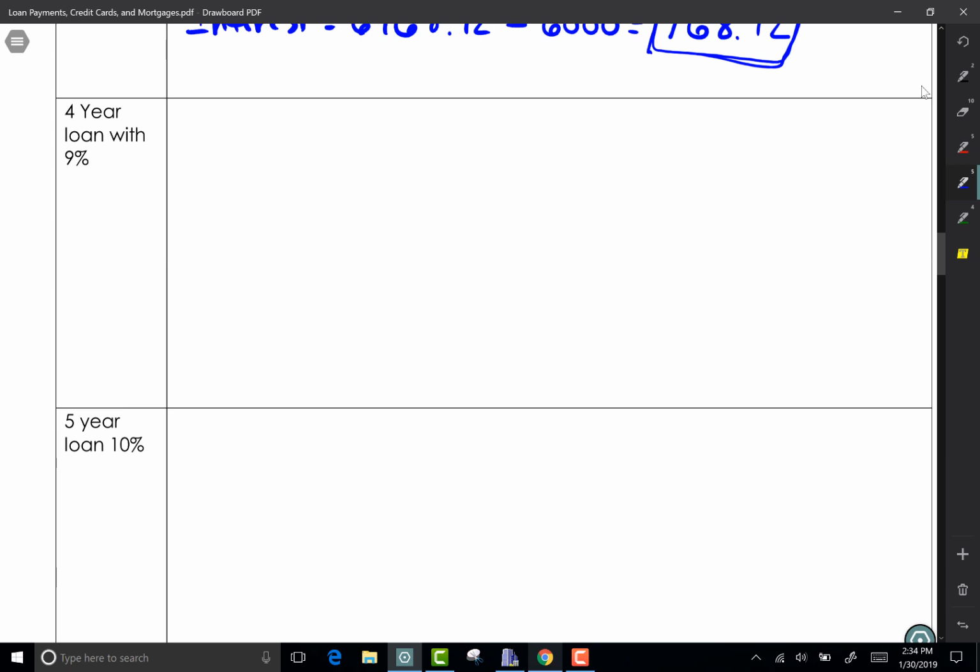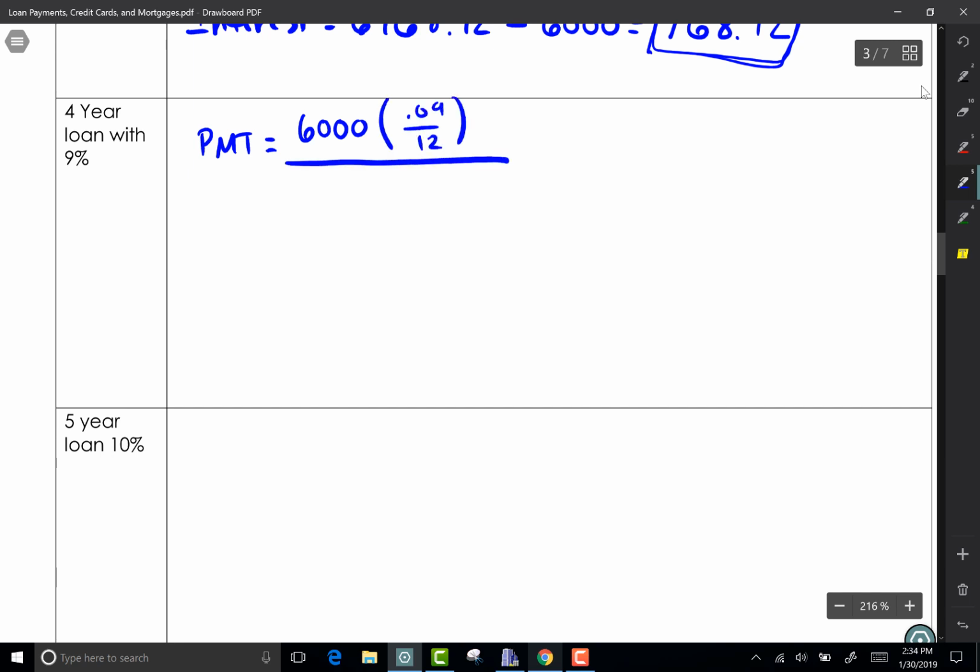4 years with 9%. So I'm going to take 6,000, that's still my principal, times 0.09 over 12, and I'm going to divide by 1 minus 1 plus 0.09 over 12, raised now to the power of negative 12 times 4.